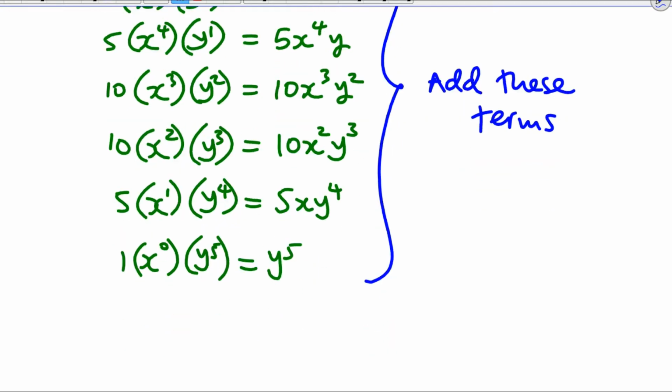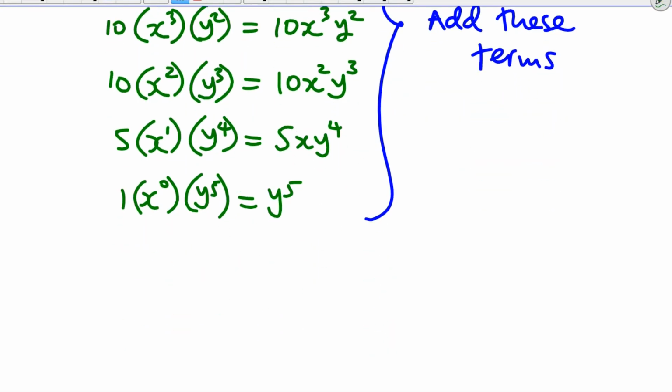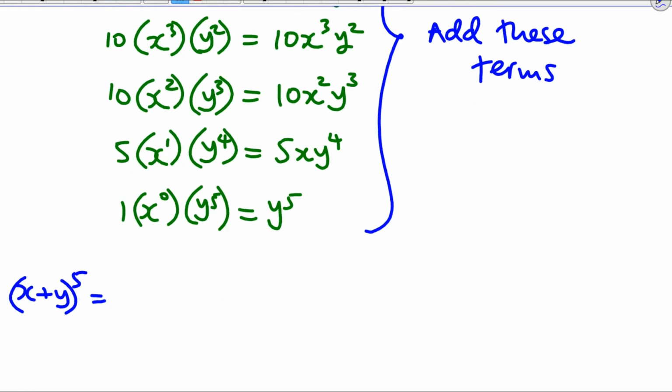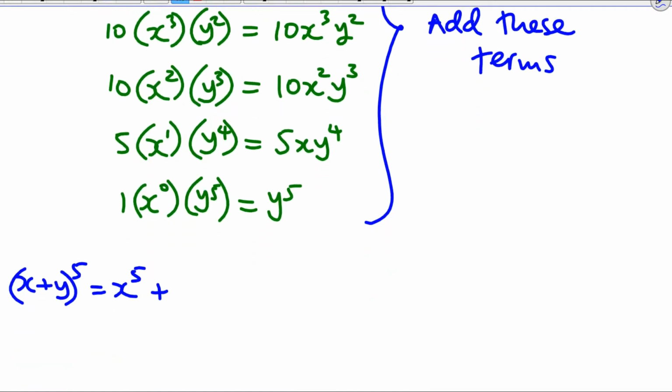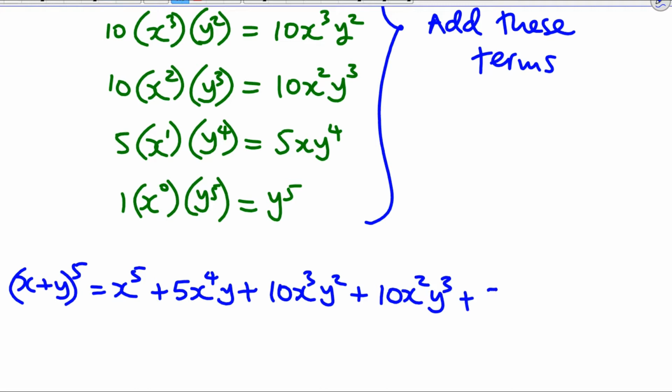So we can go ahead and say that x plus y to the power of 5 will be what we had first, which is x to the power of 5, what we had second, which is 5x to the power of 4 y, and then what we have third is 10x cubed y squared, and then 10x squared y cubed, and then 5xy to the power of 4, and then y to the power of 5. And that is our solution.